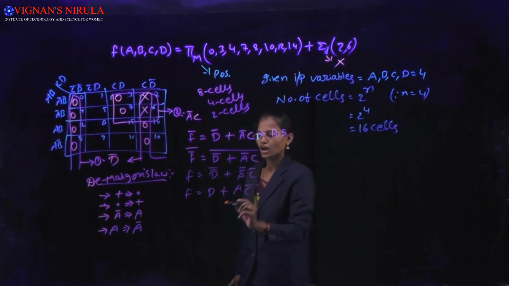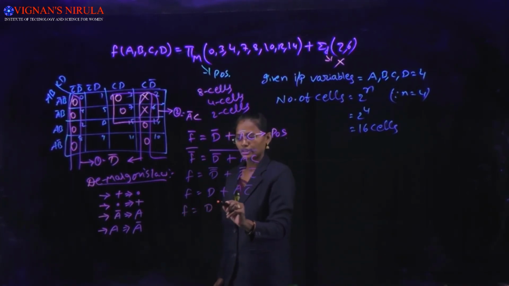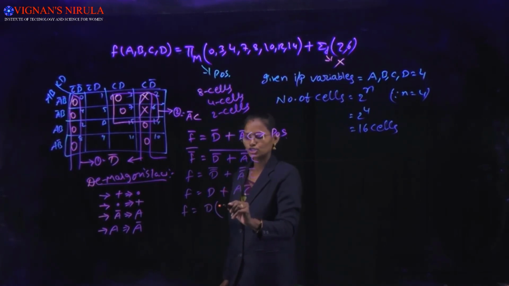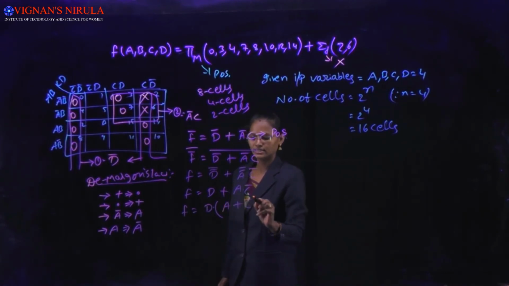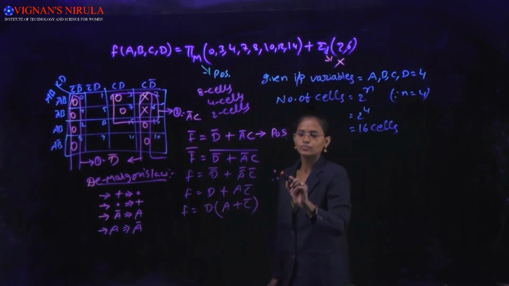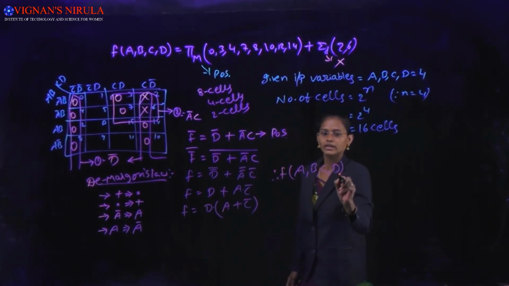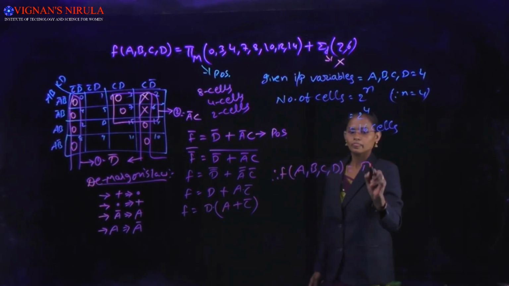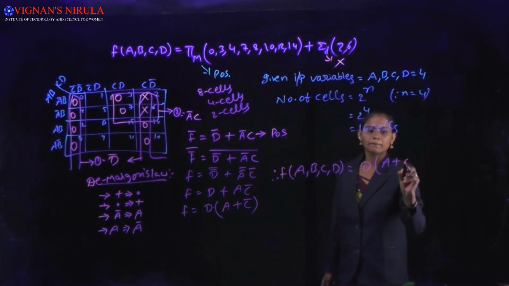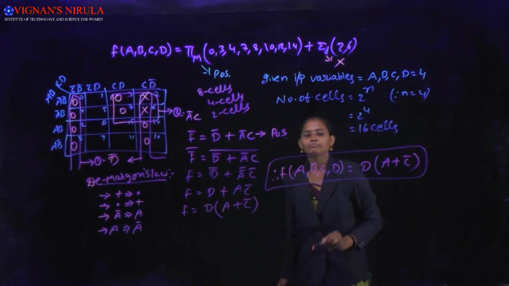Then apply the change: the OR sign is changed to AND sign, and the AND sign is changed to OR sign. This is the final equation. Therefore f of A, B, C, D equals D into (A plus C bar).